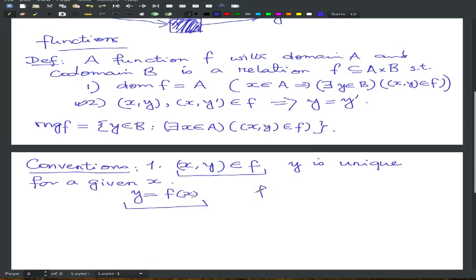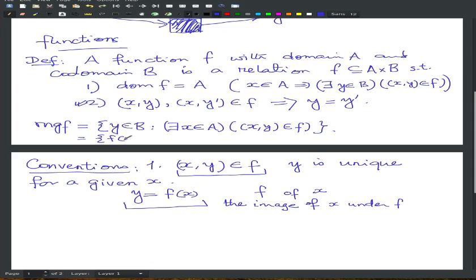We often say f of x or image of x under f. Given this, the definition of the range becomes very, very simple.